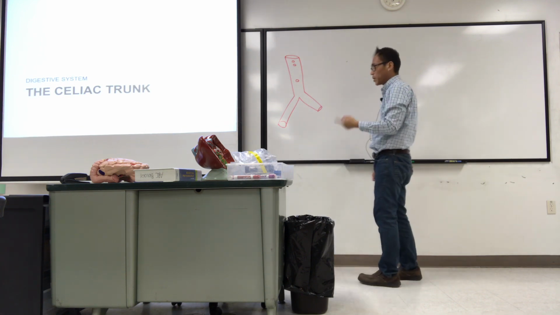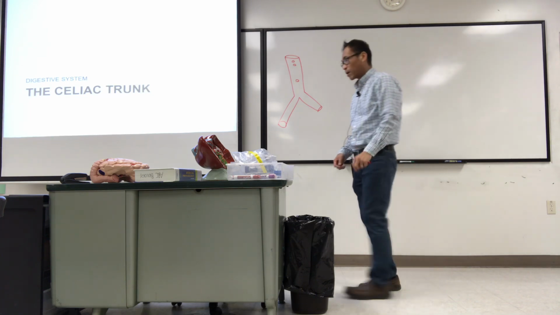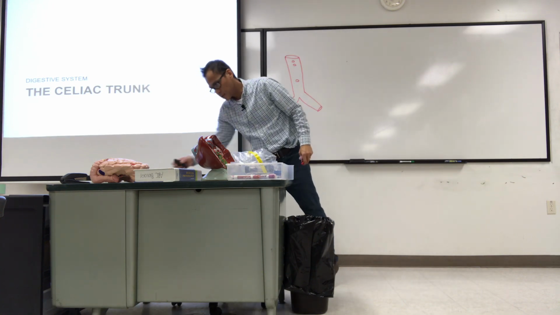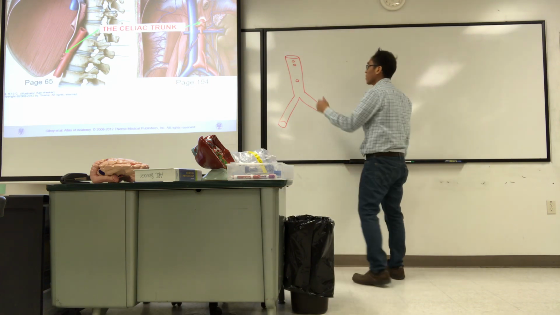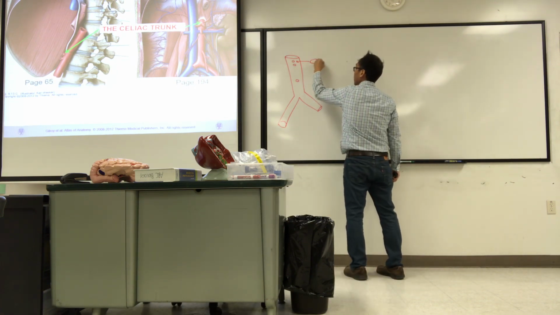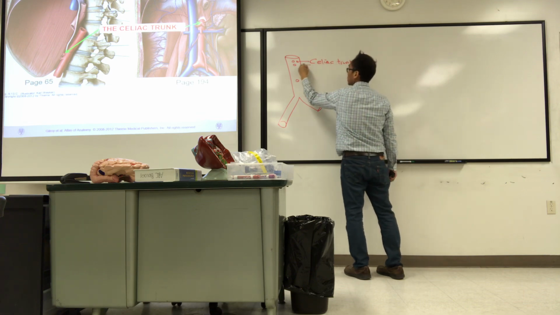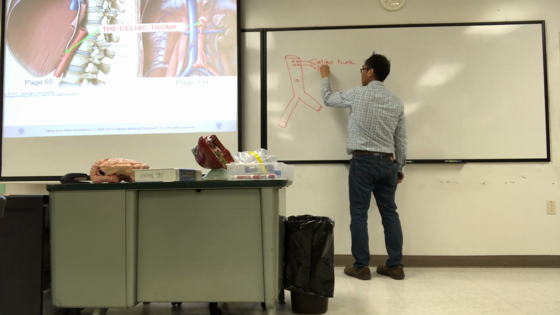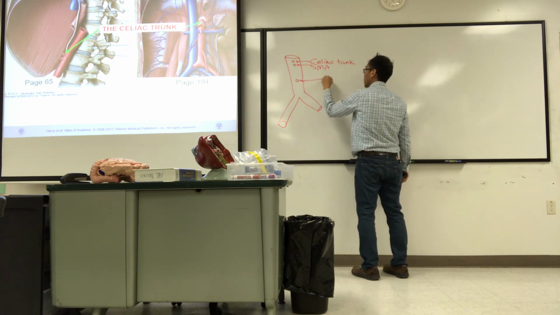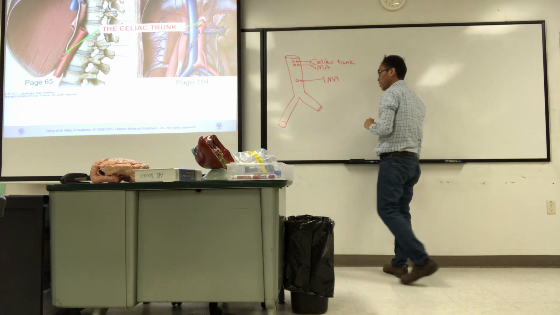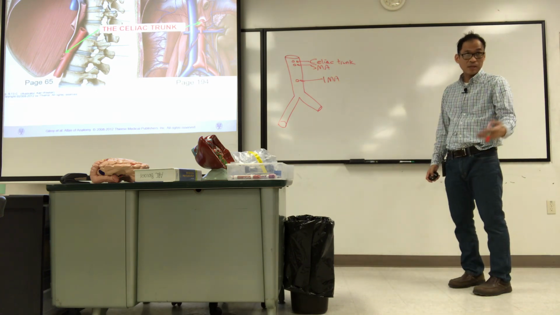They're all singular, they're not paired. The first one that comes off at around the level of T12 is the celiac trunk. Right there, I'm pointing to it. The next one will be the SMA, superior mesenteric artery. That one down there. Then the inferior mesenteric artery.